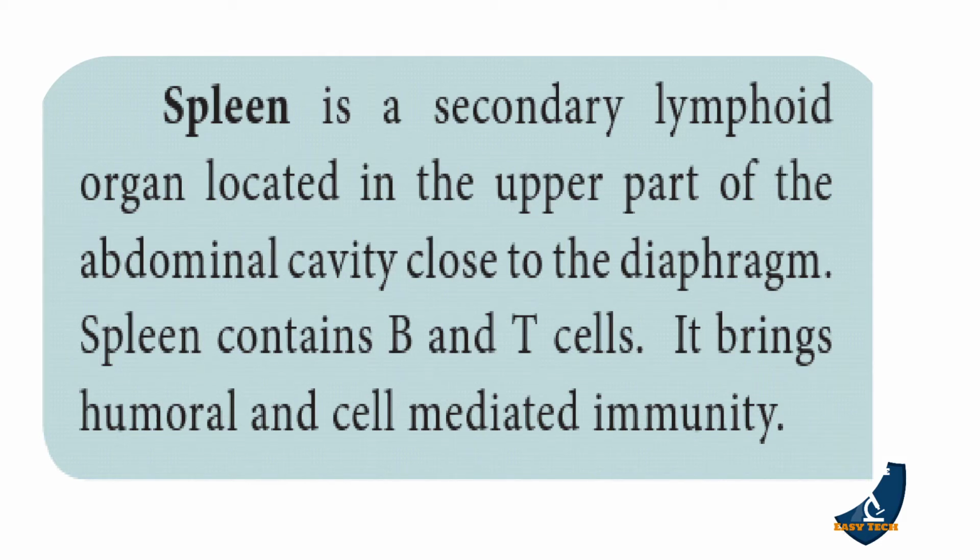It is seen in the upper part of the abdominal cavity, near the diaphragm region. And the spleen has B and T cells. These cells bring the humoral or cell-mediated immunity. We have discussed cell-mediated and humoral immunity in a previous video. If you want, you can go and watch it.